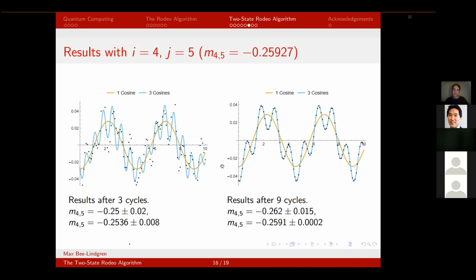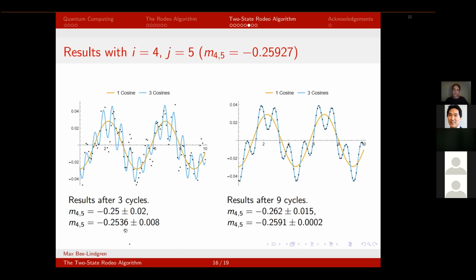So what about some less dominant states? Here we have states 4 and 5, which are the 3rd and 4th excited states of the system. Here you can see with only 3 cycles, there are a lot more cosines, and so a lot more unwanted energy states in the system, causing a significant amount of noise in the data.